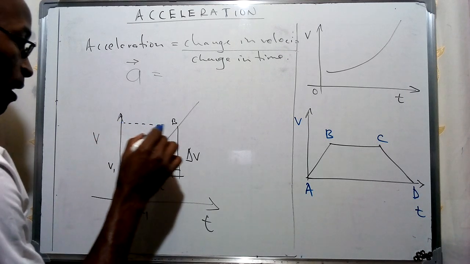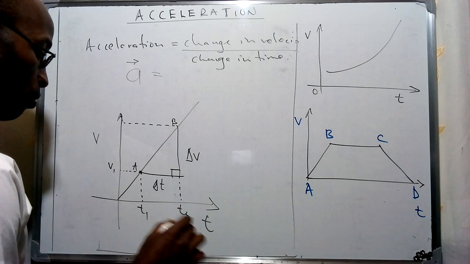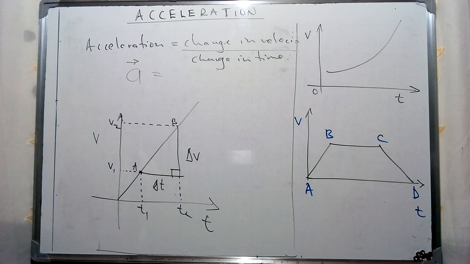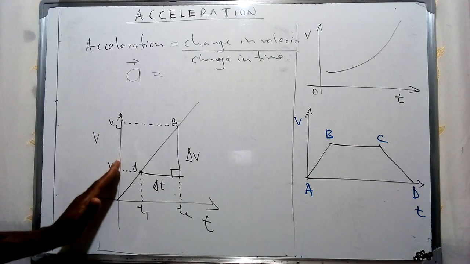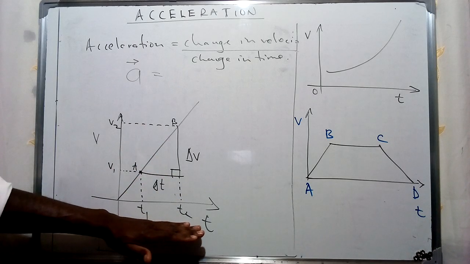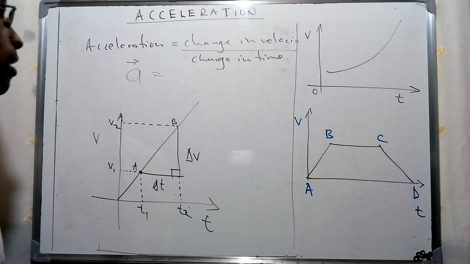And then we're going to have another one at this specific point for B, which is going to be given in terms of t2, and then we're going to have a v2. So the ratio between the difference of the change in the y-axis, which is v2 minus v1, and of course the ratio between that one and t2 minus t1 is going to give us the aspect of acceleration.